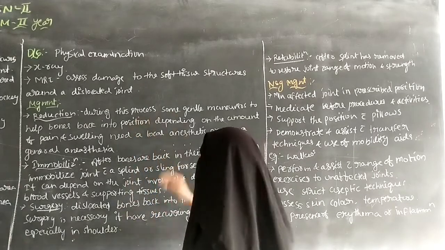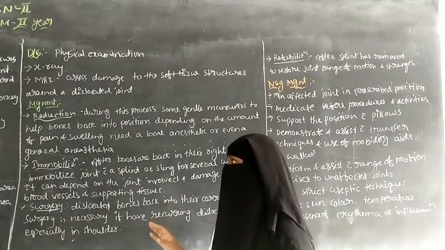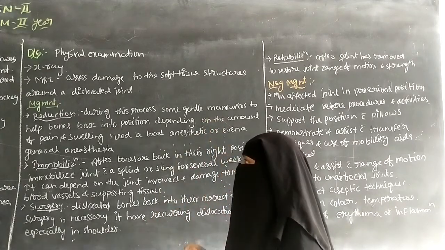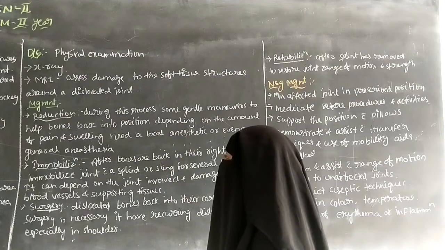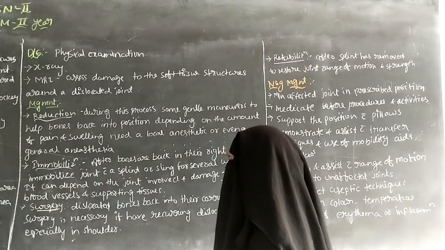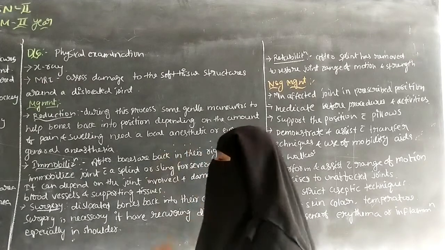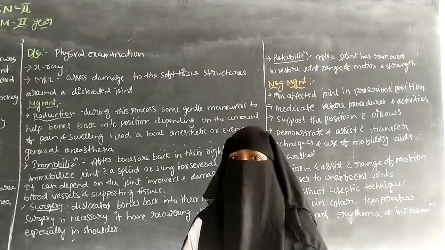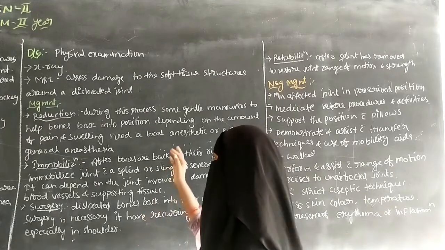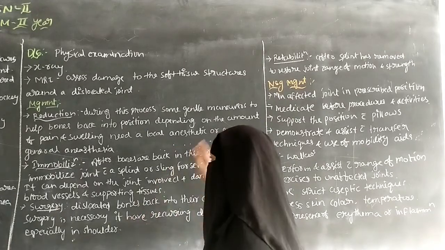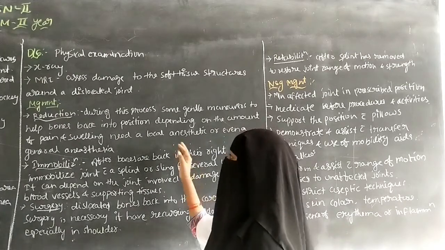During this process, gentle maneuvers help the bones back into their position. Depending on the amount of pain and swelling, a local anesthesia or even a general anesthesia may be needed. In local anesthesia, only the particular area where the dislocation is present is anesthetized. In general anesthesia, the whole body is anesthetized.